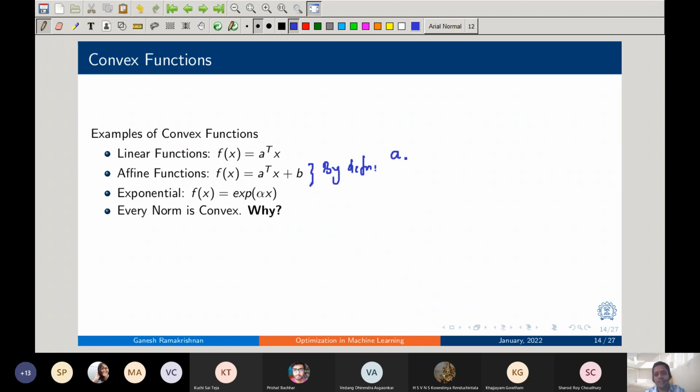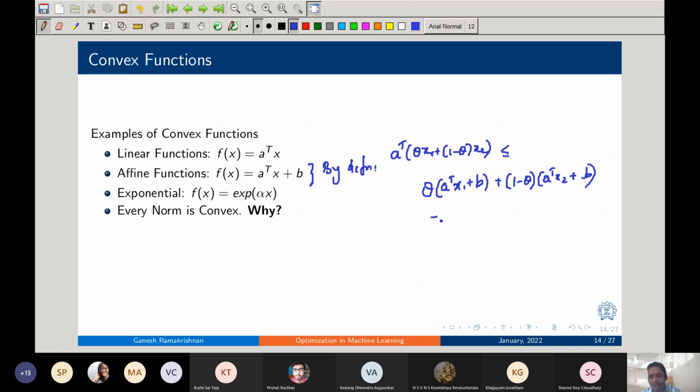So you'll have to just say that A transpose times theta x1 plus 1 minus theta x2, plus B, is less than or equal to theta times A transpose x1 plus B, plus 1 minus theta times A transpose x2 plus B. So this looks simple.